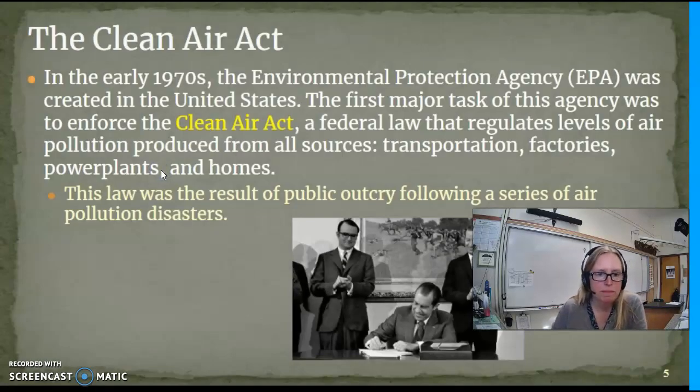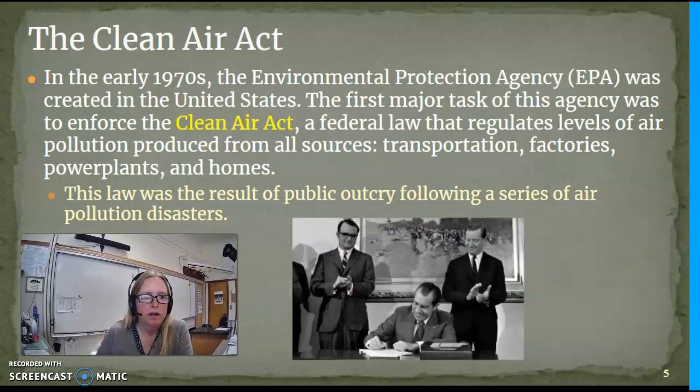So where we stopped is right here at the Clean Air Act. In 1970, the EPA was created in the United States. That was a big environmental success story as far as keeping our air and water healthy. The first major task of the agency was to enforce the Clean Air Act.